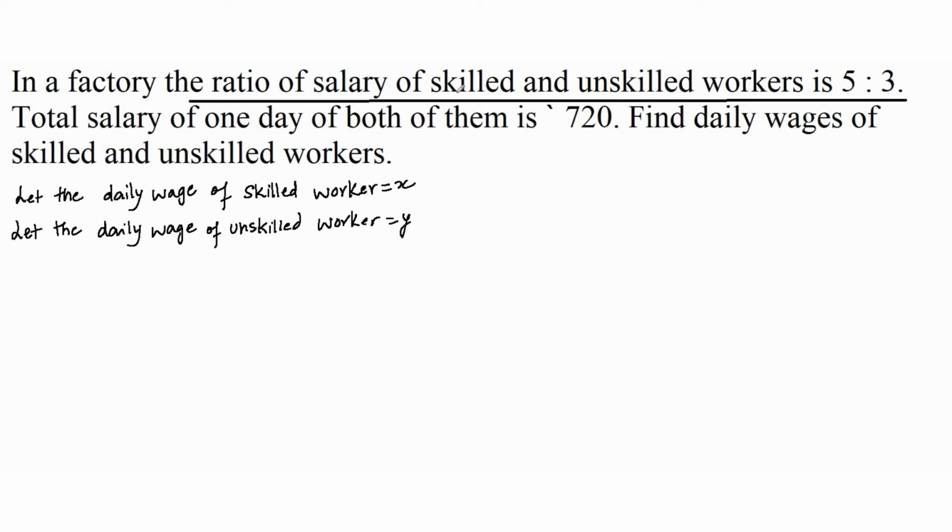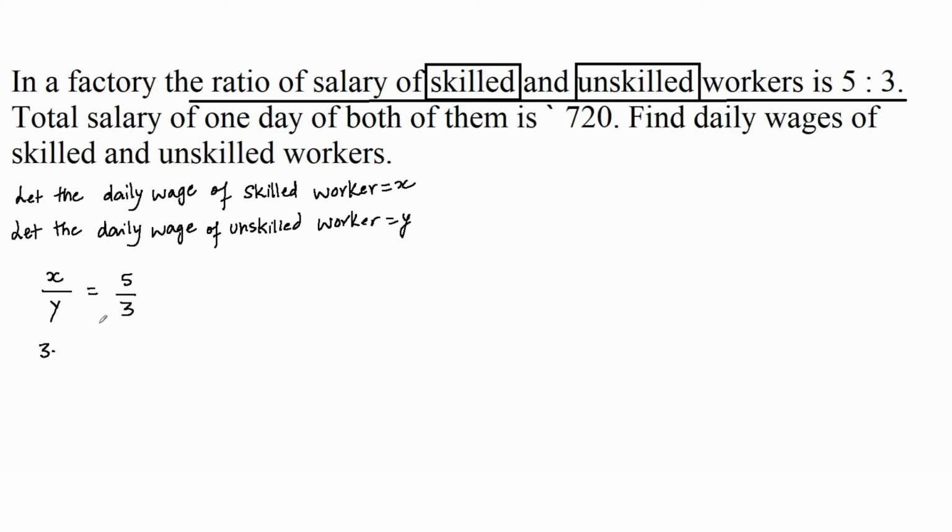So now it is given that the ratio of their salaries of the skilled to unskilled. So basically skilled is the first quantity that is mentioned and unskilled is the second quantity. Therefore, the ratio is going to be the wage of the skilled worker to that of the unskilled worker is given as 5 upon 3. So I can immediately cross multiply.